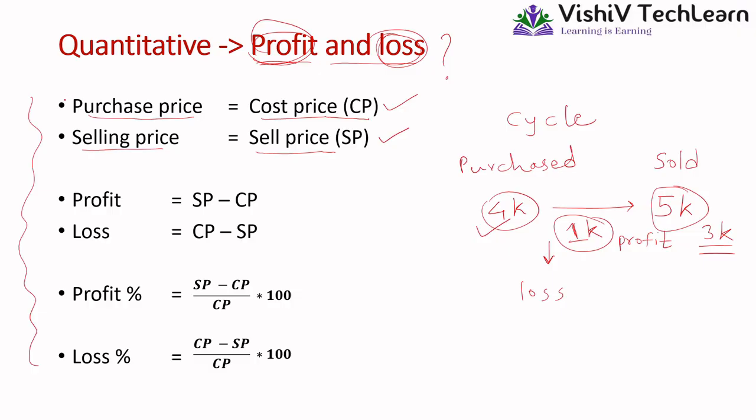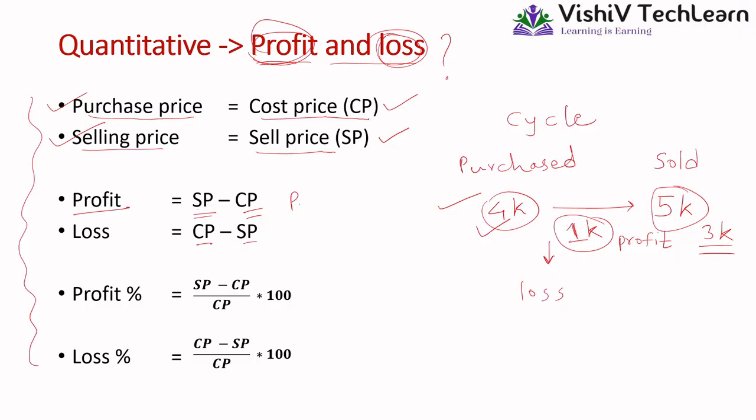Got it? In case of profit, the selling price must be higher, that's why SP minus CP, the difference between these two, will be the profit.